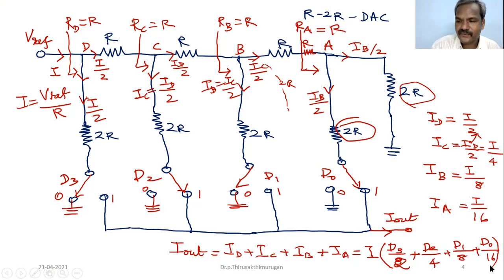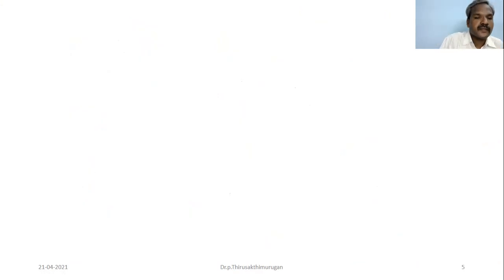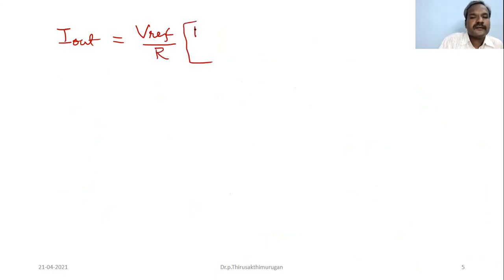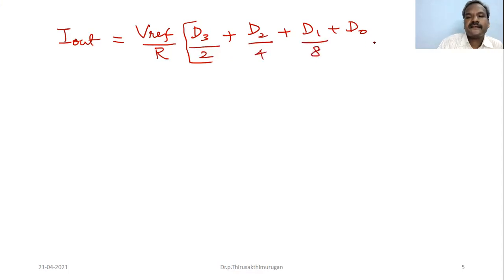So what is I? If you substitute I, I out equal to V reference by R of D3 by 2, D2 by 4, D1 by 8 plus D0 by 16. So V reference by R is a step value.